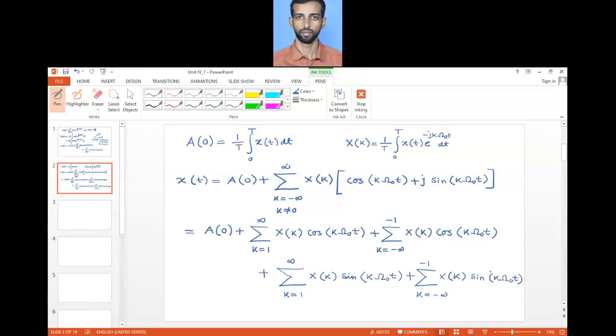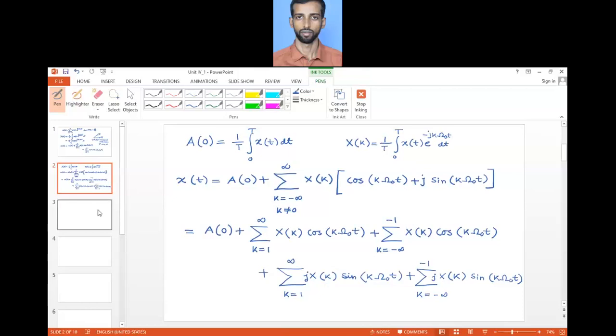So we have just segregated into 4 different summations. But we have left one j part over there, so this j has to be there outside, so this should be j x of k, right?